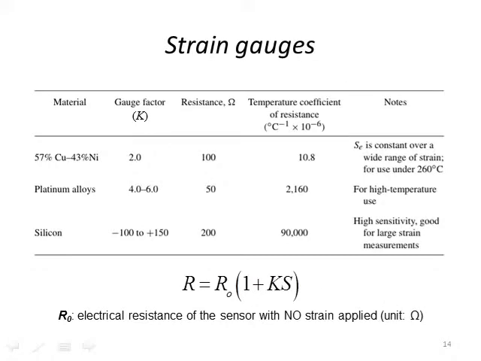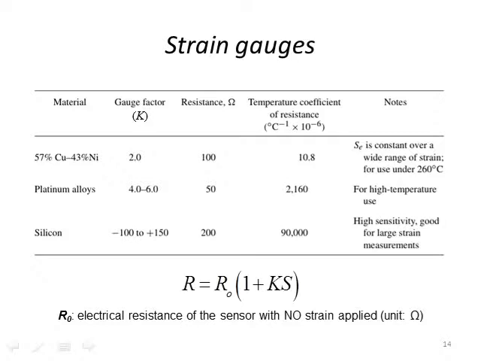Now these are examples. Most strain gauges have a gauge factor that's around 2. There have been some platinum alloys where the gauge factor is increased, but many strain gauges now are made out of silicon, because you can see that we get an almost 2 orders of magnitude increase in the gauge factor when we use silicon or polycrystalline silicon.